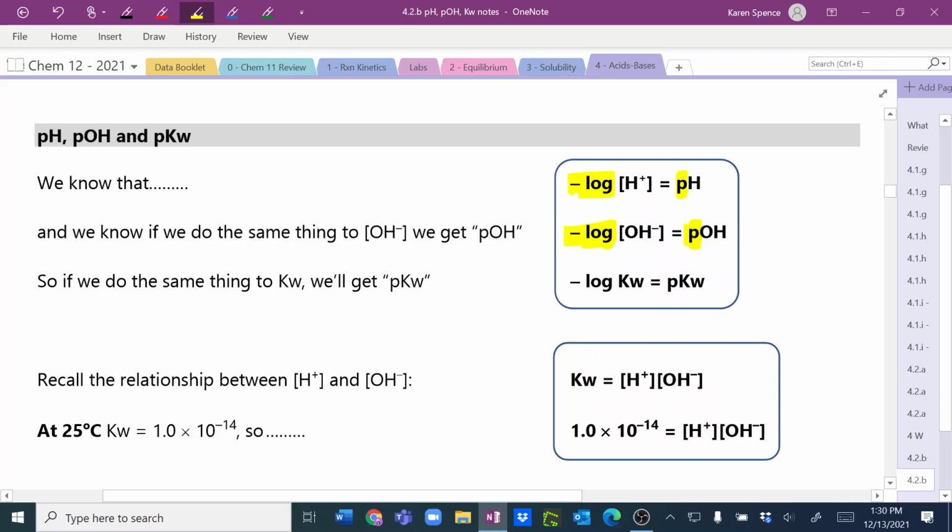So does it stand to reason that the pKw is the negative log of Kw? Does that make sense? Because whenever we say P, we just mean take the negative log. Okay? And we know the relationship, Kw is hydrogen times hydroxide, and we know that Kw is 1 times 10 to the negative 14.